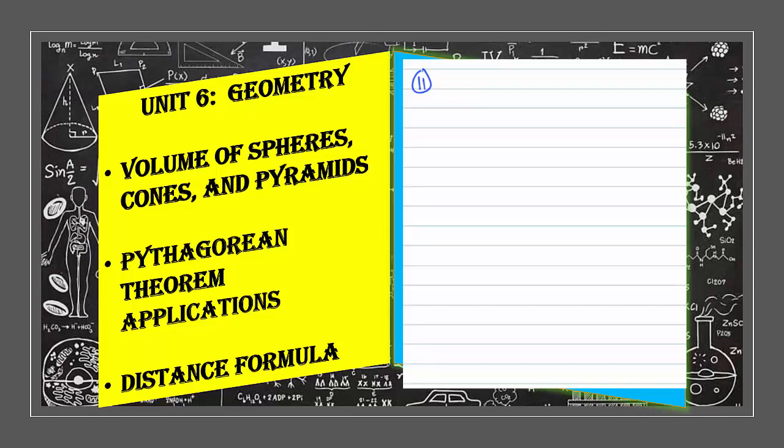Problem number 11. A wire stretches from the top of a pole, which is 15 feet high, to a stake on the ground, which is 8 feet from the foot of the pole. Find the length of the wire. Now we're told that the pole is 15 feet high.